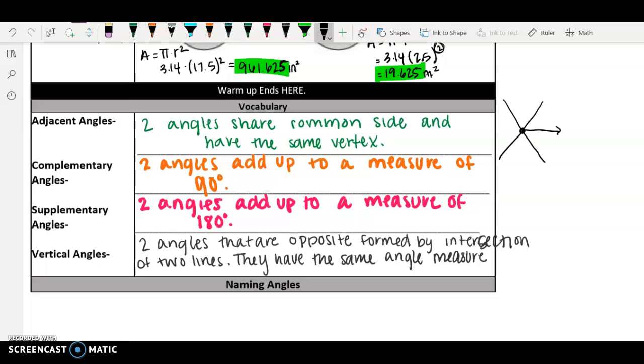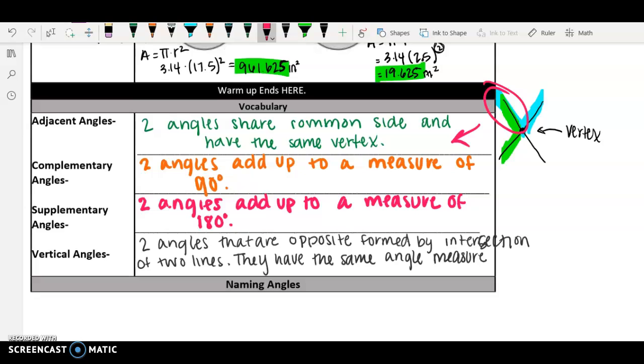So that dot is the vertex. And then the sides, if they share a side, that means that this angle here and this angle in blue, where they overlap, that's our adjacent angle because they both share this side. So that's an adjacent angle.